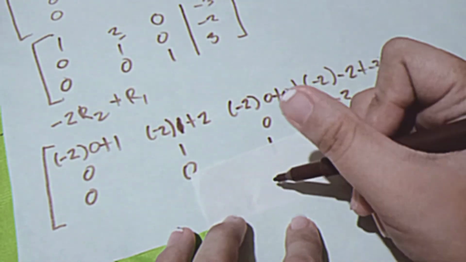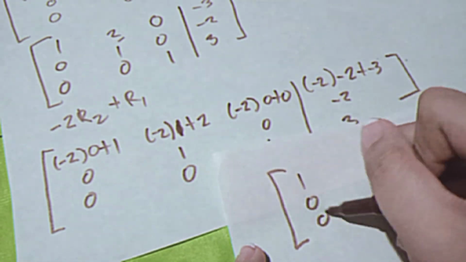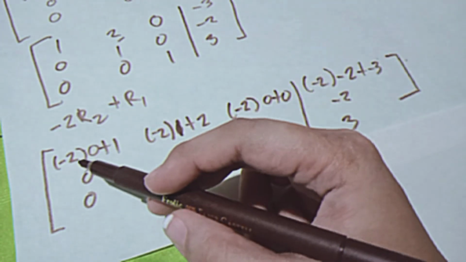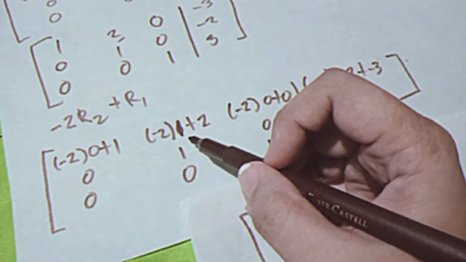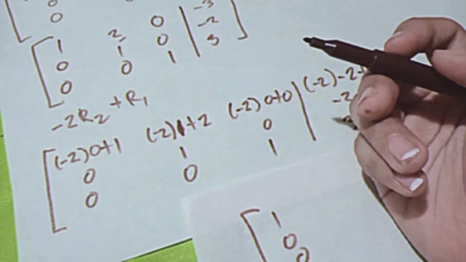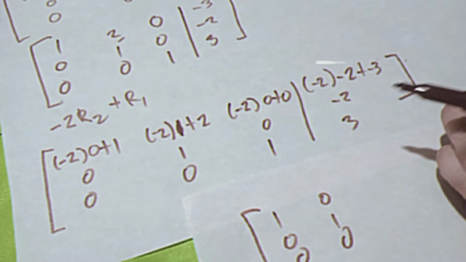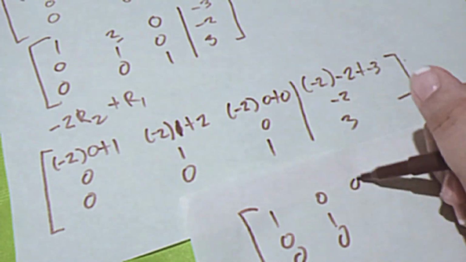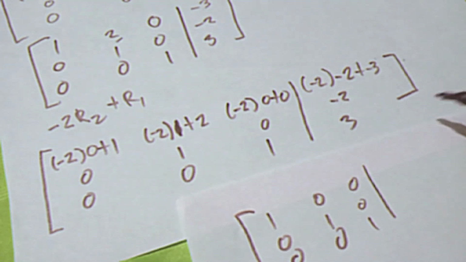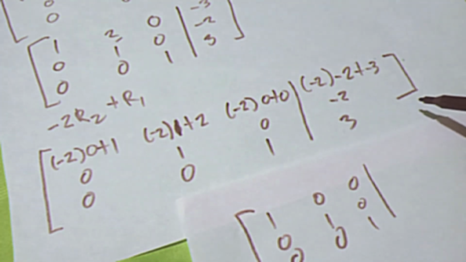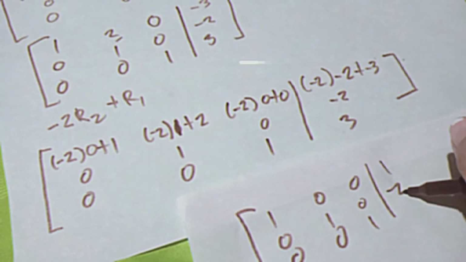And then, 1, 0, 0. Kasi negative 2 times 0 plus 1 is 1. Then, negative 2 times 1 plus 2 is 0. And then, 1, 0. Then, negative 2 times 0 plus 0 is 0. Then, 0, 1. And negative 2 times negative 2 plus negative 3 is 1. Then, negative 2.